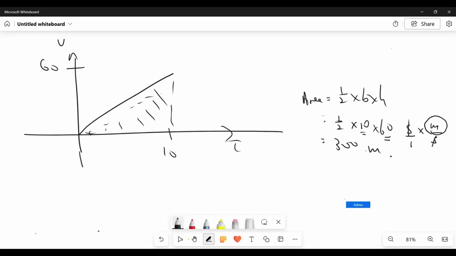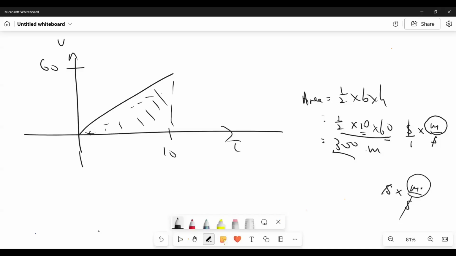What you're figuring out there is that the area under a velocity time graph gives you the distance traveled. So we found the area, the number 300. But when we analyze the units, because we multiply seconds by meters per second, the seconds cancel out and you're left with meters.